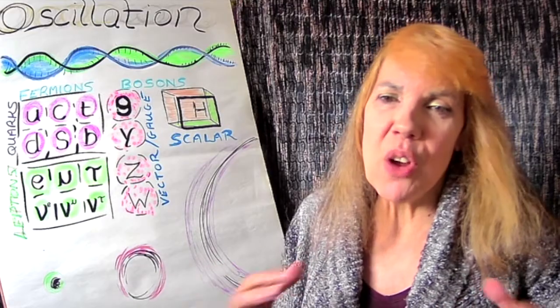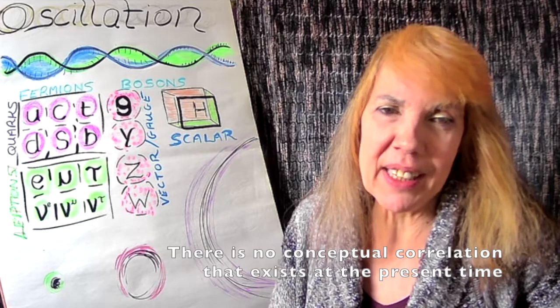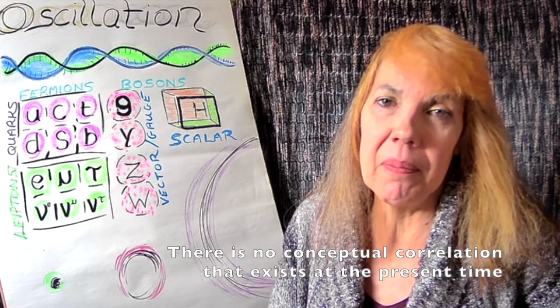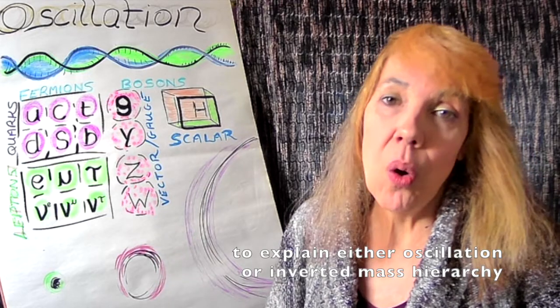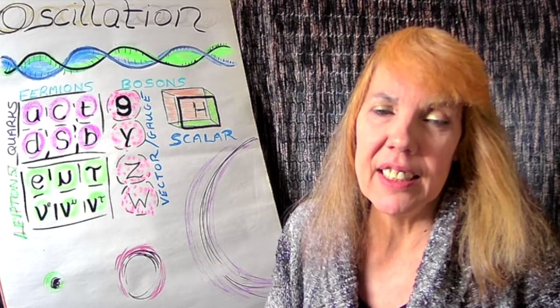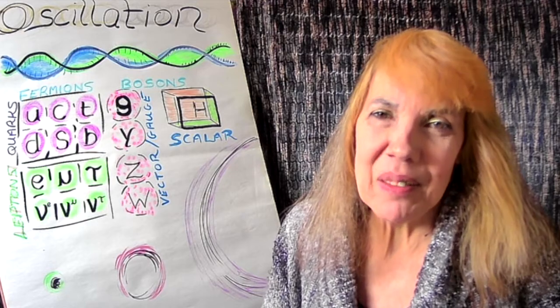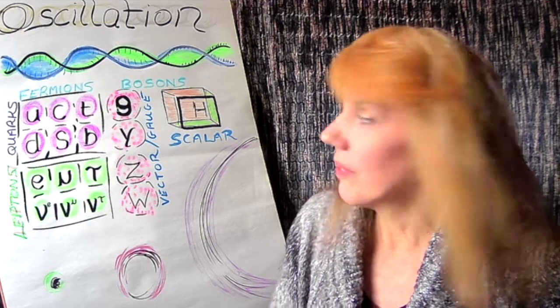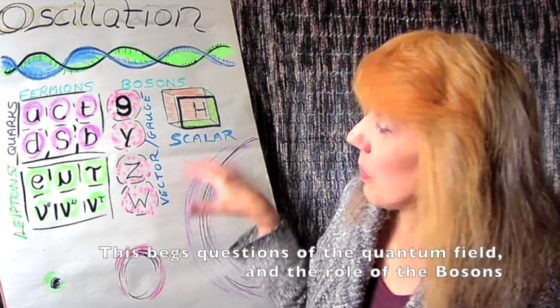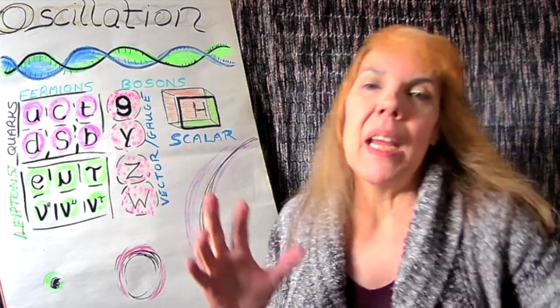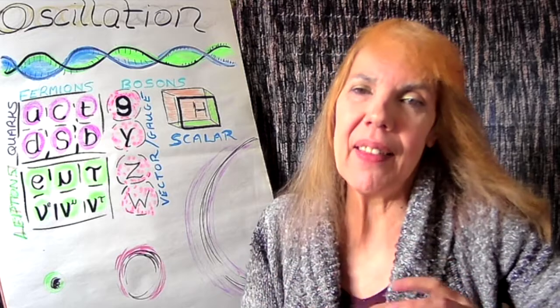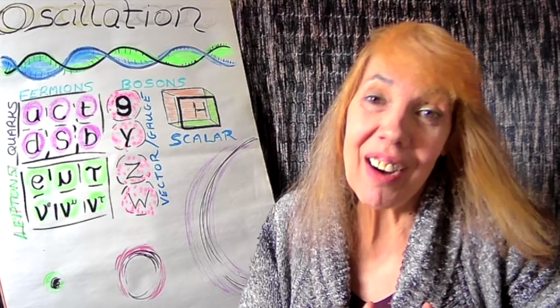There is really no correlation relativity concept that exists at the present time to explain either oscillation or inverted mass hierarchy. So both of these beg questions of the quantum field, and most importantly, the role of the bosons in being able to piece together a construct.